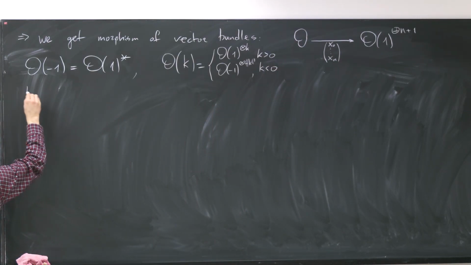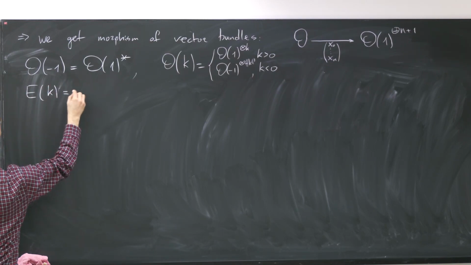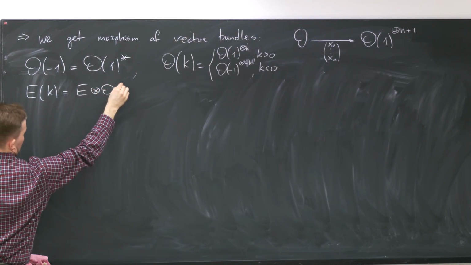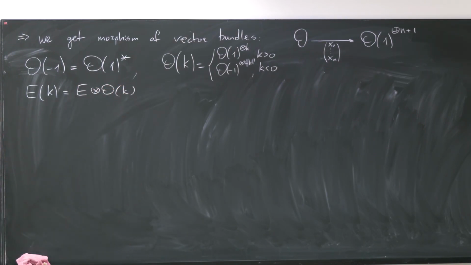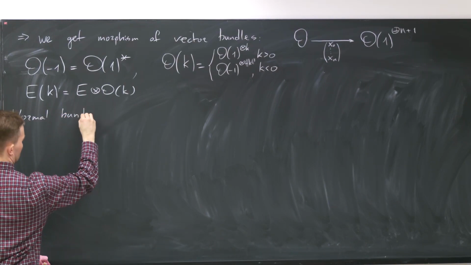And if E is a bundle, then E of k is by definition the tensor product E tensor O of k. That's just notation.